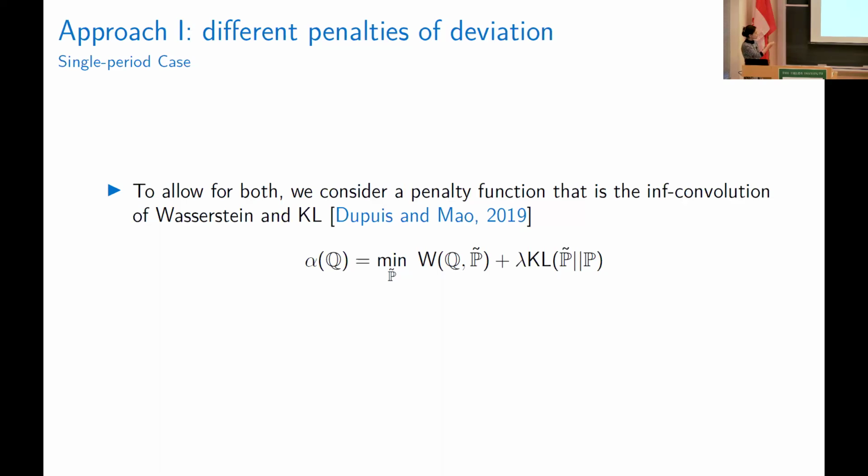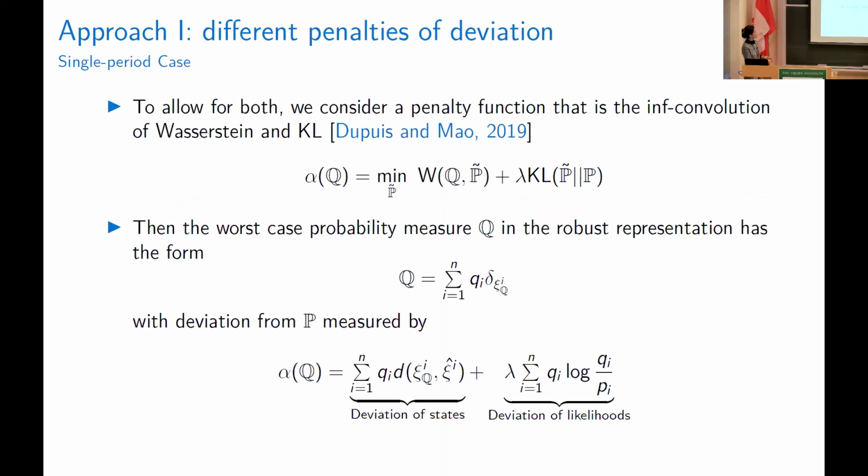So basically, if we choose our alpha Q to be the inf convolution between the Wasserstein and the KL divergence, then immediately we can show that the corresponding worst-case scenario Q considered in this robust representation has the following form, which can be decomposed into the deviation of the states and the deviation of the likelihoods, right?